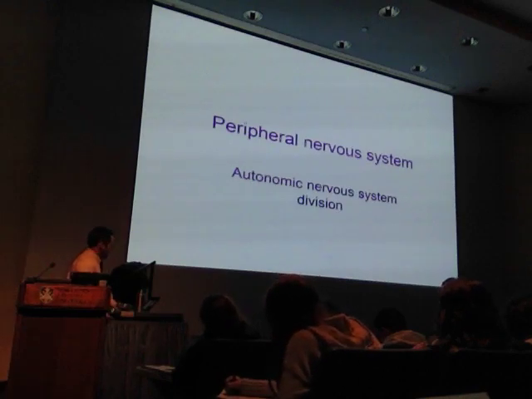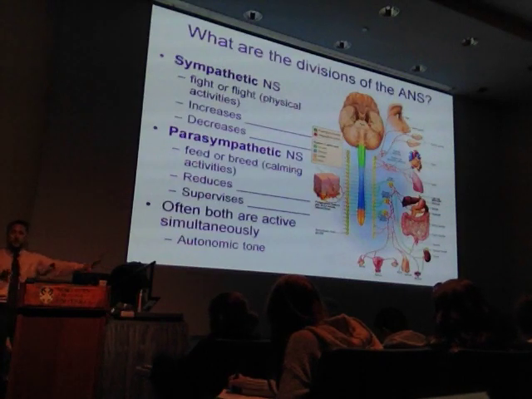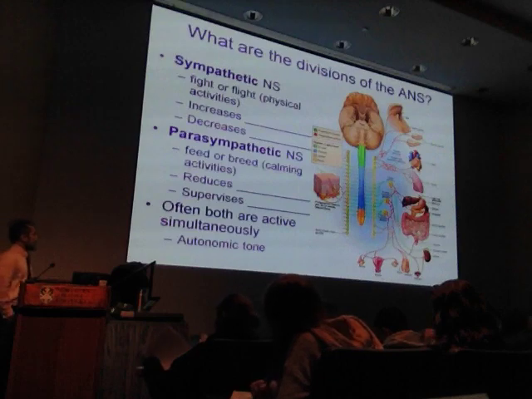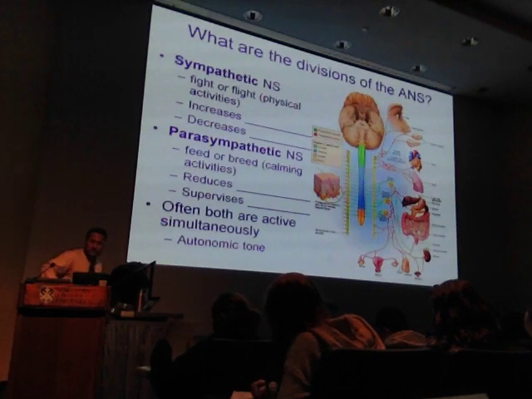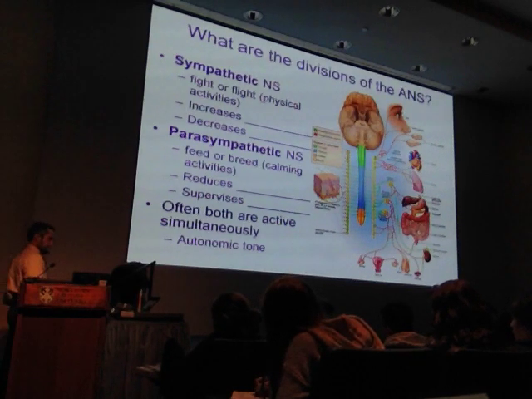The peripheral nervous system, we now need to look at the autonomic division, and that's kind of back to that flow chart that I was showing you. So if we look at our autonomic division, it's a busy slide, I get that, but it's actually pretty straightforward. We have 2 main branches. We have our sympathetic branch, and we have our parasympathetic branch.